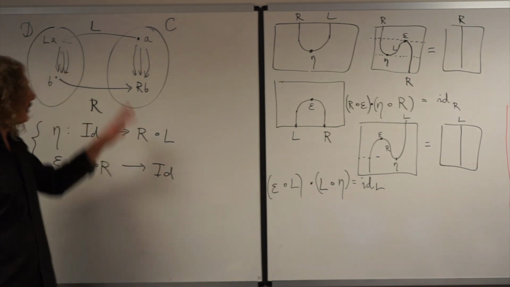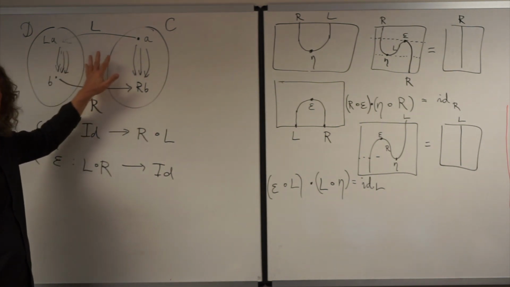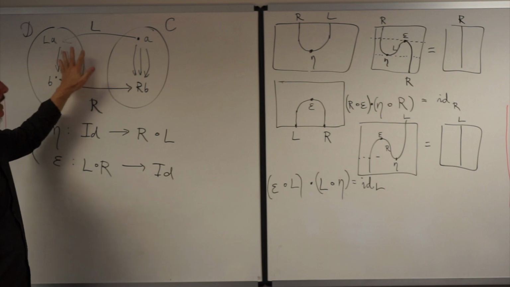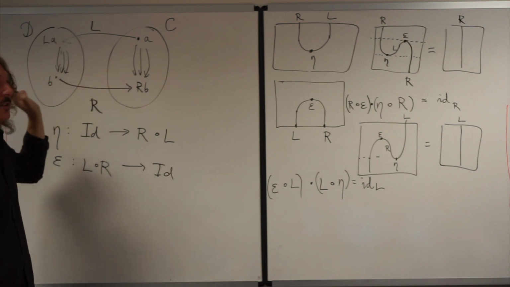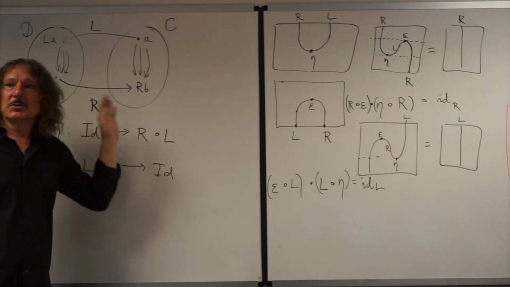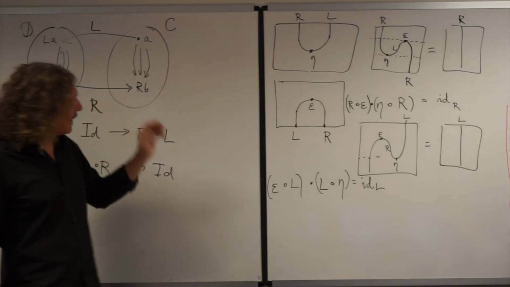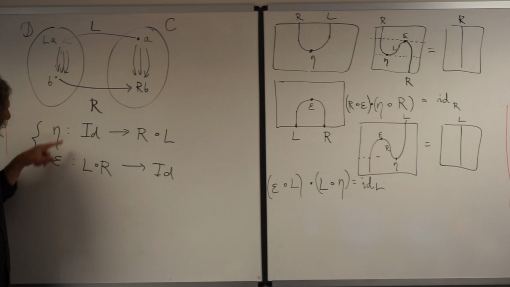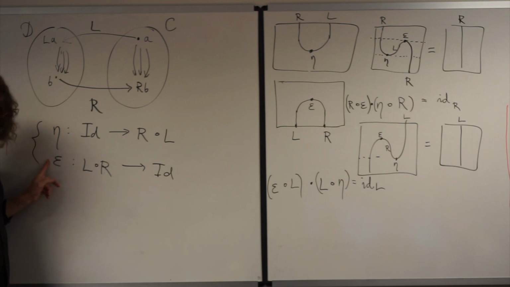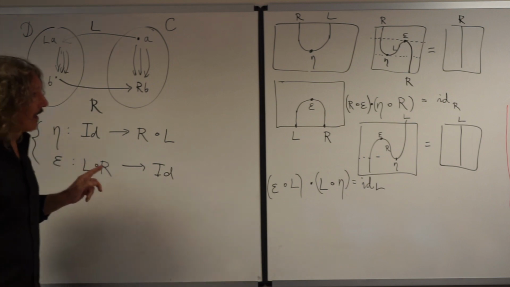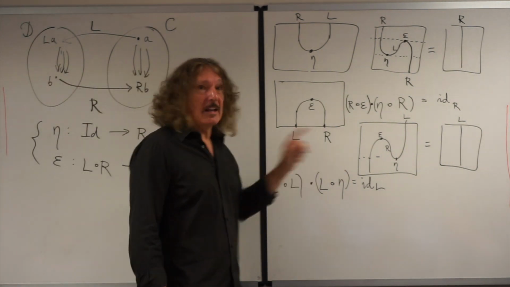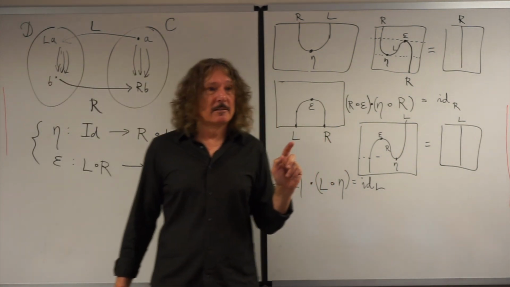So in other words, you can forget about these natural isomorphisms between homsets, and you can say, if I want to show that two functors are adjoint, it's enough if I define these two natural transformations epsilon and eta, unit and co-unit, they are called, and show that they satisfy snake identities.